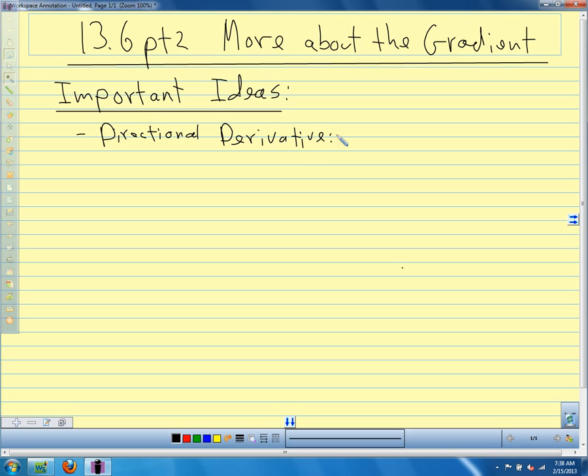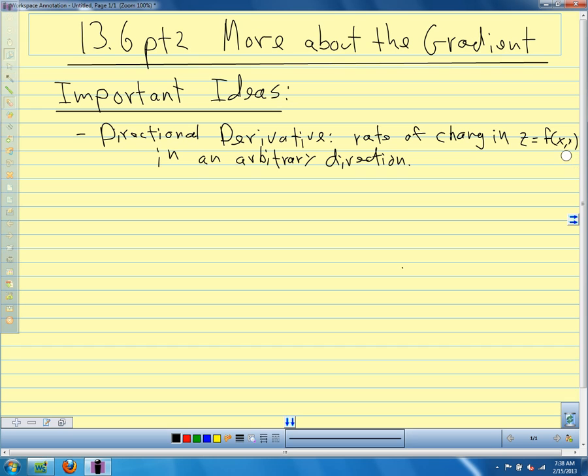Directional derivative: the rate of change of the function in an arbitrary direction. So the directional derivative tells us how our function is changing as we move in some arbitrary direction, and our arbitrary direction is given by some unit vector.